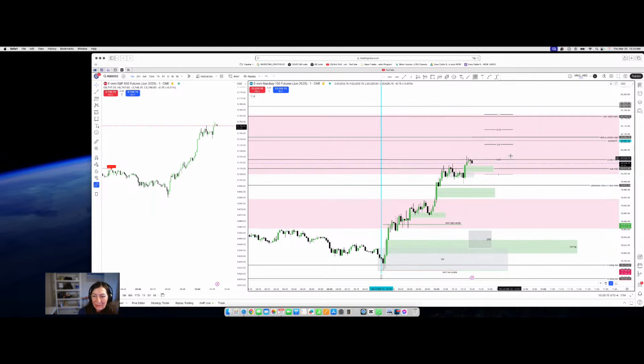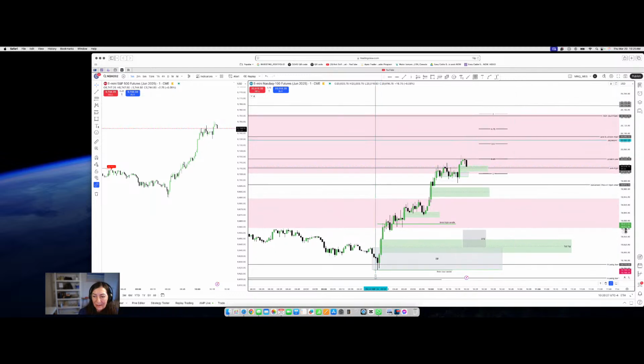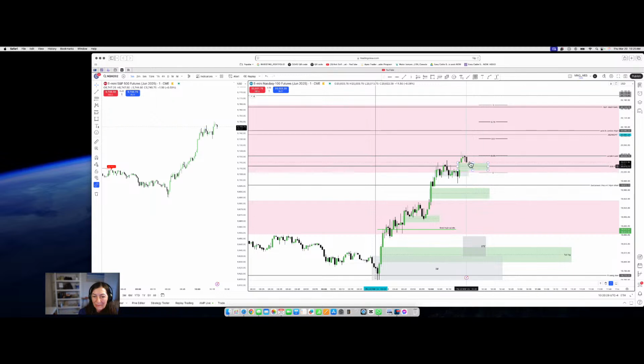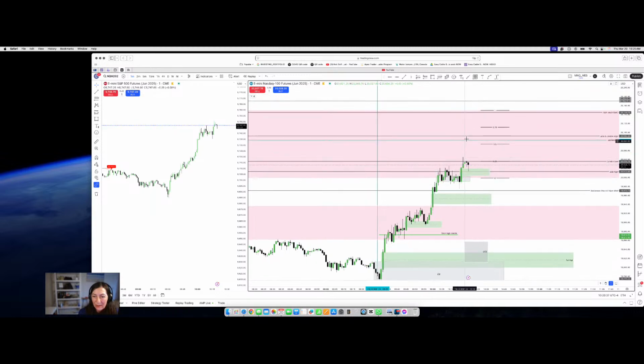So we're at the 25% level of this 1 hour CB. Again, I'm still bullish. We're still bullish. We had some consolidation through here. Price is definitely bullish.